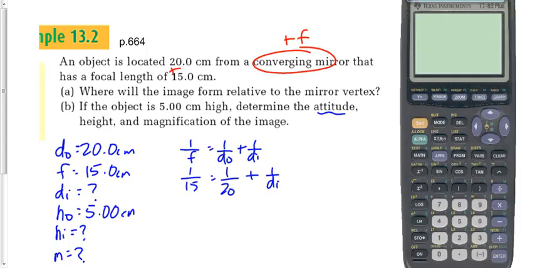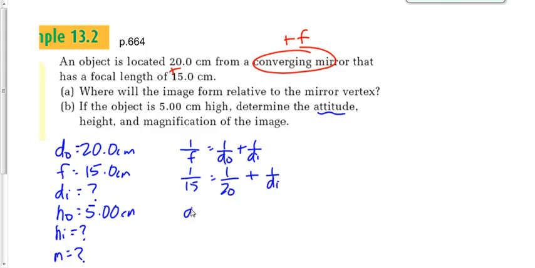We're going to say 15 to the minus 1, subtract 20 to the minus 1, and we're going to flip that over, and we end up getting 60. Okay, there's DI.